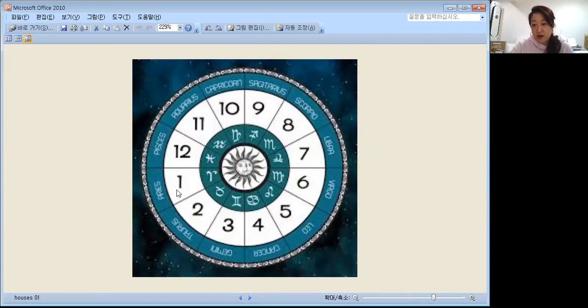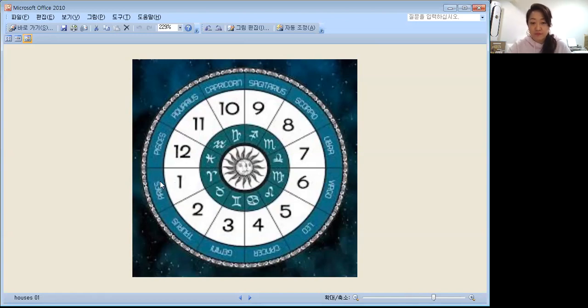In the beginning, anytime they use these symbols and you don't know what they mean, just write it down. You need to have a little cheat sheet. I used to carry a cheat sheet, and anytime I saw a symbol I didn't know, I just wrote it down. Over time, your eyes are going to adjust and you're going to start to remember the signs.